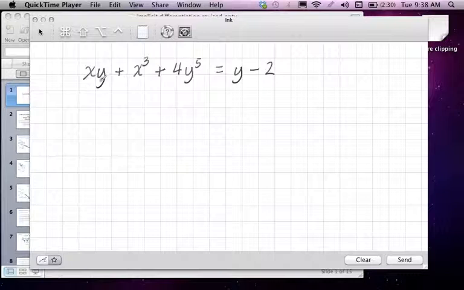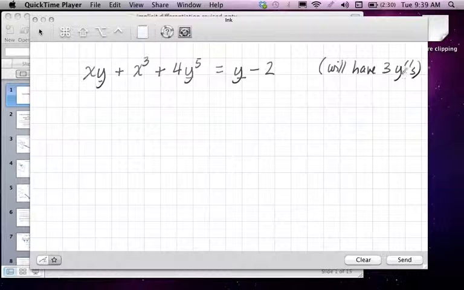Now notice I have 1, 2, 3 y's in this. So one of the things you can do when you're doing implicit is you're going to end up with 3 y primes. Since I have 3 y's, if you did it correctly, you should have 3 y primes. So let me go ahead and take the derivative with respect to x of both sides.